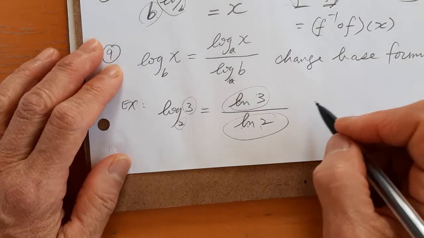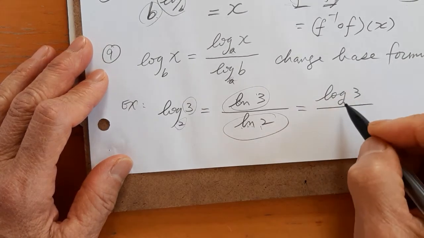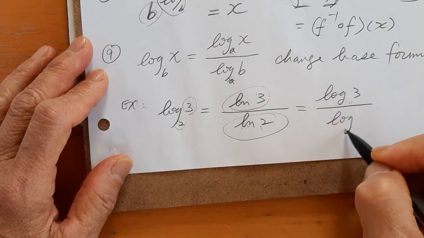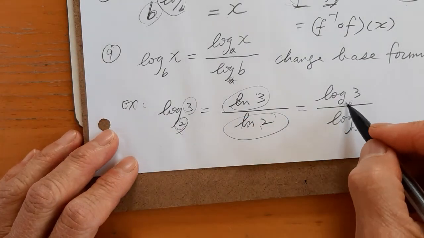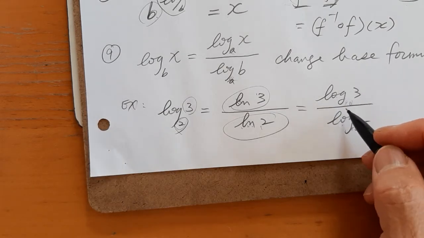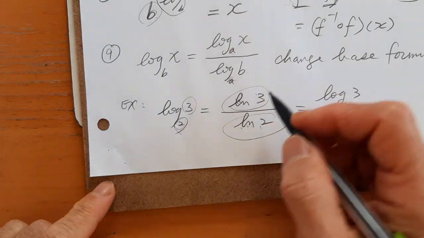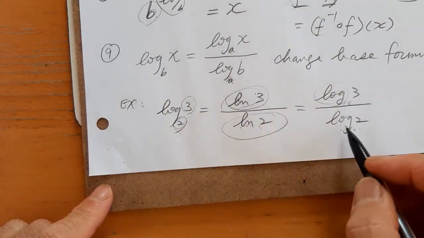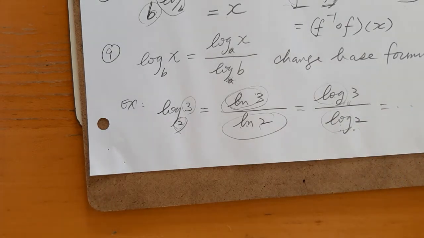Or you can also change to the common logarithm, which is base 10, and use the log key, divide, and equal. You can use either natural or common logarithm and divide. After dividing, it is the same answer.